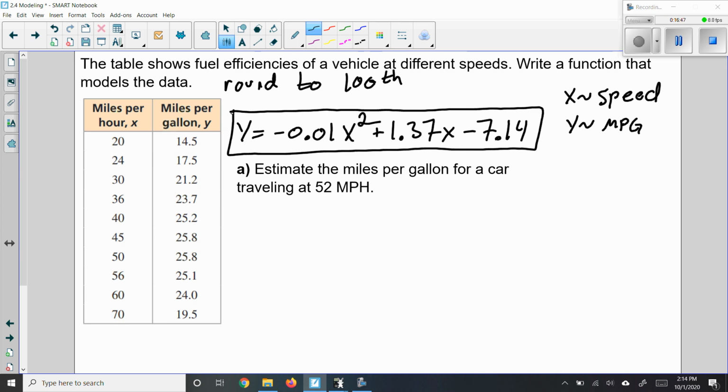So the first part is asking us to estimate the miles per gallon. So we're looking to estimate y for a car traveling at 52 miles an hour. So we want to know y, and x is 52. So we'll go ahead and substitute 52 into our equation.